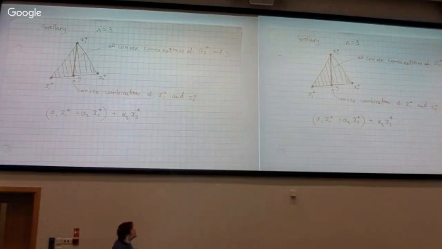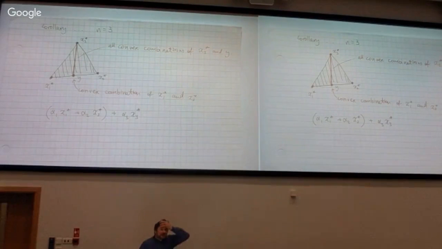In fact, you can see this as a convex combination of pairs.